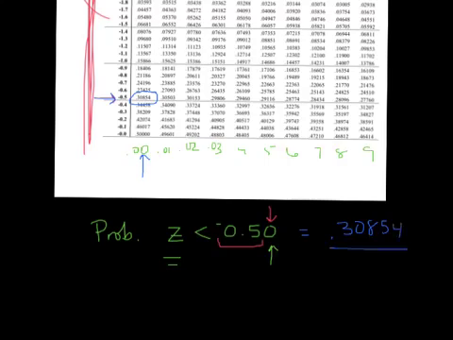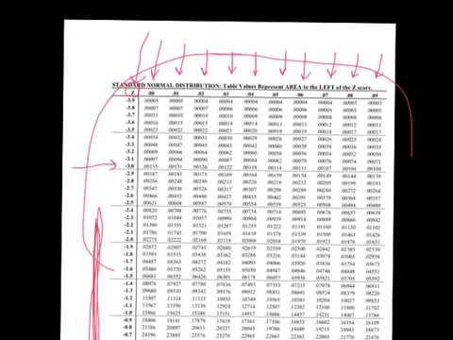That's just like your answers to all your binomial, Poisson, and geometric problems. This is my probability that somebody's going to have a z-score less than negative 0.50. And it reminds you at the top in case you forgot, the chart will only tell you the probability or the area of being less than or to the left of a particular z-score.